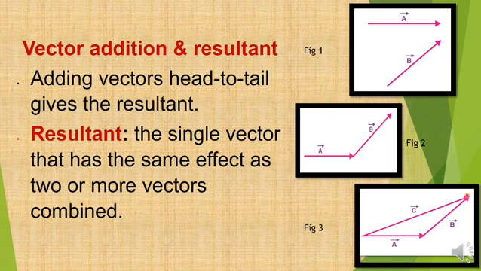The resultant vector starts from the origin and joins with the head of the last vector, and the arrow is directed towards the last vector. So the length of the line will be the resultant vector and its direction is always towards the last vector. That is how we can add two or more vectors.